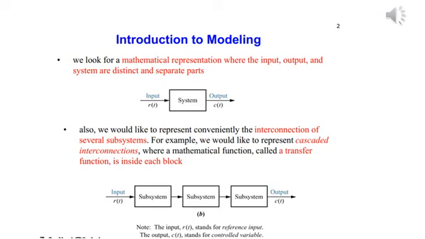If the input is changed, the system output will change. But first of all, let's take delta t as an input to any type of system, and we'll try to find out the output of the system. If you convert delta t into frequency domain, that will become 1.